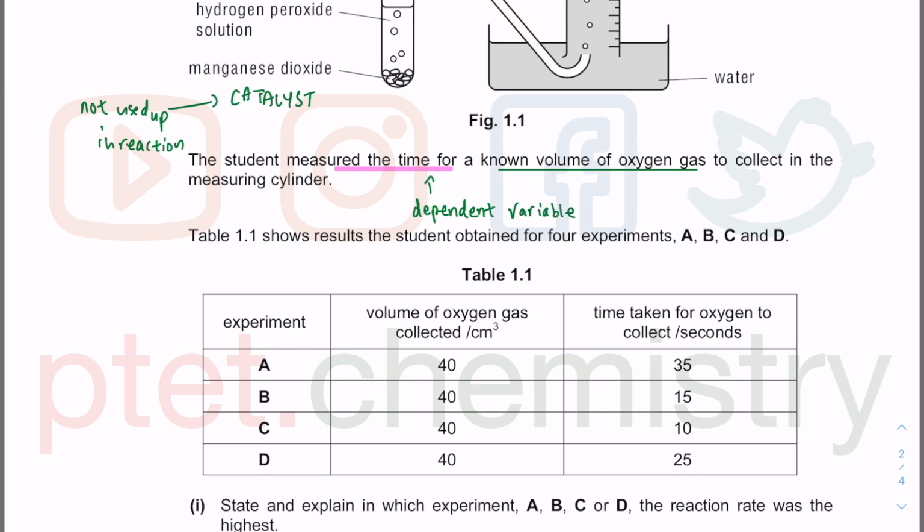And you can relate the time there to rate of reaction, because rate is related to 1/time. The shorter the time, the faster the rate. The longer the time, the slower the rate. 1 divided by a longer time gives a smaller rate; 1 divided by a smaller time gives a faster rate. What are you changing here?